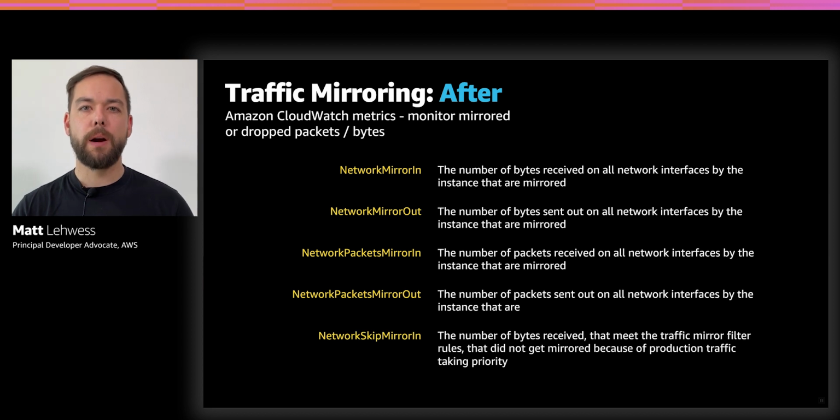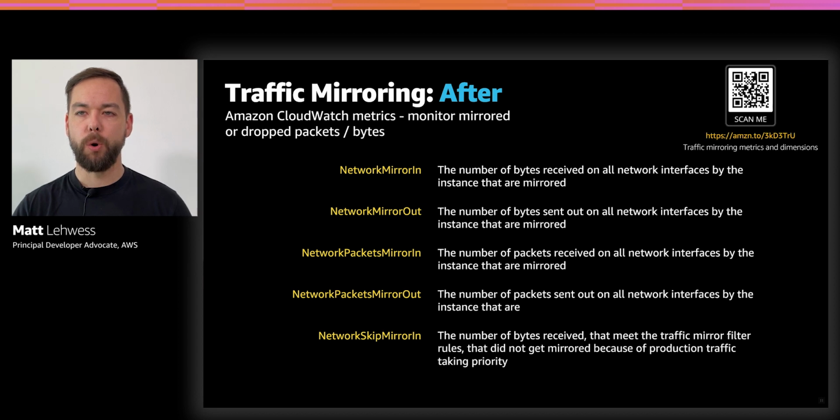But lastly here, the network skip bytes: the number of bytes received that meet the traffic mirroring filter but didn't get mirrored because of production traffic taking priority. If an interface is overrun, we will prioritize production traffic over mirrored traffic. So this CloudWatch metric will give you the ability to see into that. And a quick link in the top right-hand corner if you're interested in traffic mirroring CloudWatch metrics.